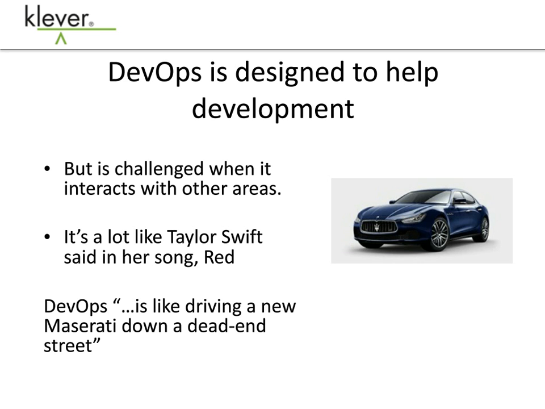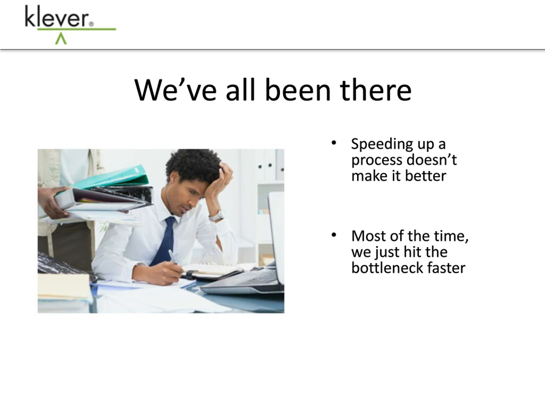But once we get to the point where we're handing off information from our scrums, from our sprints back into a support organization, it feels like we're hitting a wall. But the thing is, from all of our perspectives, we've been there, because oftentimes speeding up a process doesn't make it better.